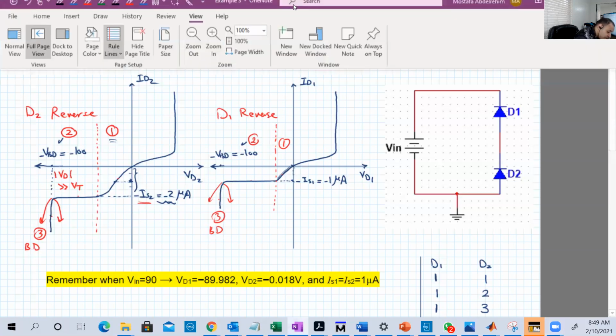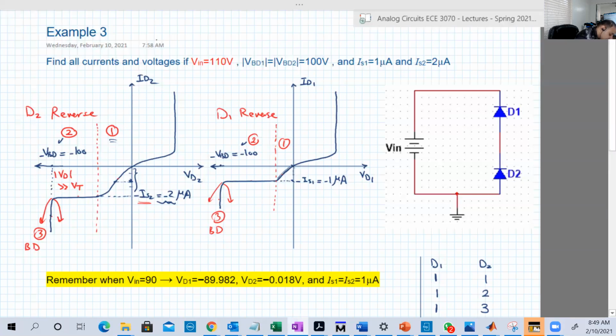So let's change the color here to green, for example, and locate that on the characteristics of each. From last time with 90 volts, VD1 was minus 89.982, and the current was minus IS1, minus 1 microampere. So it's something like this, just a sketch.